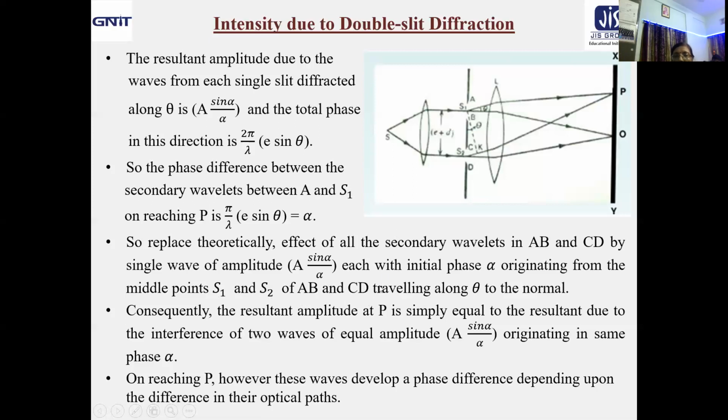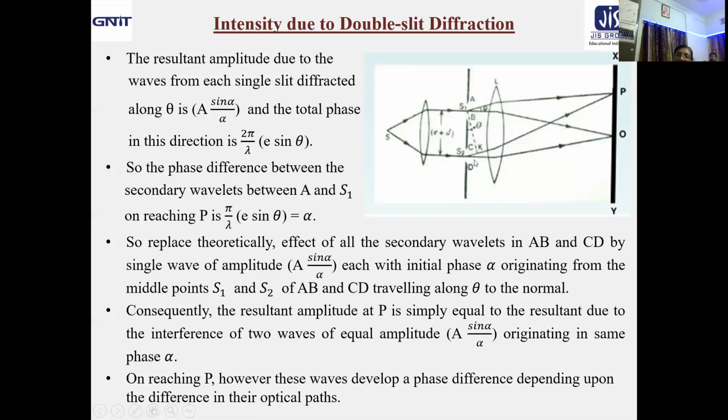Very, very important consideration. Let us take a look. Out of each slit, infinite number of secondary waves are coming out, and they reach the point P. Now, what about the total amplitude of all the secondary waves? That is A sine alpha by alpha.